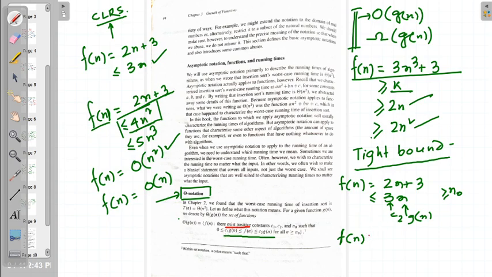So what is f(n) here? This f(n) is 2n plus 3, and I can write that this is greater than or equal to 2n. And we have seen n greater than or equal to 0, it is getting satisfied, and this c1 is 2, and this is our g(n).